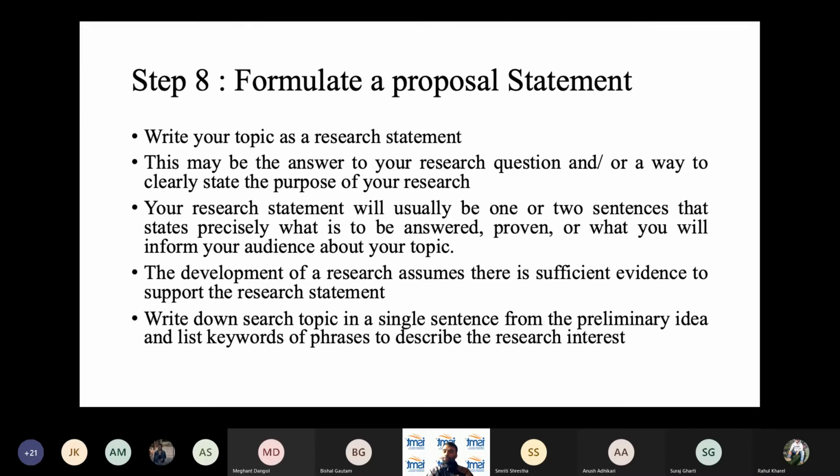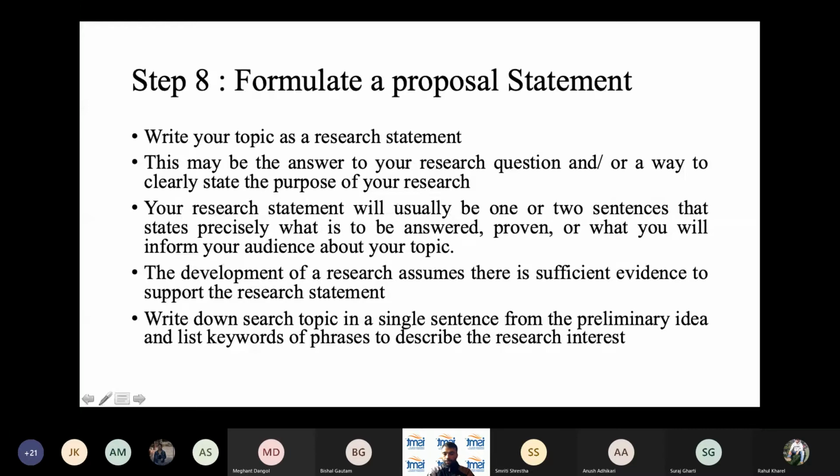Okay, suppose I have chosen a research statement that is Internet of Things based home automation system. So I have to build a system, I have to show or simulate a system, whether the IoT device can be used to control the different appliances in a home. Yes, I'm going to build that system, so that will support my research statement.